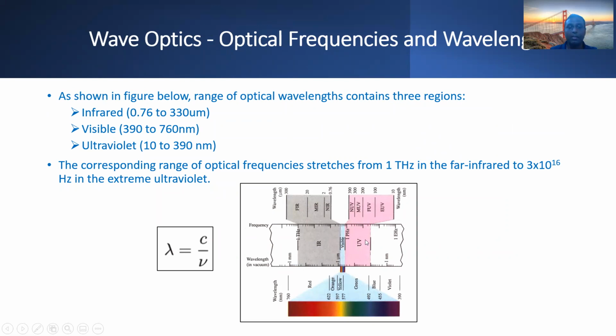And the ultraviolet region, shown in pink here, which ranges from 10 nanometers to 300 nanometers. The corresponding range of optical frequency stretches from 1 terahertz in the far infrared to 3 times 10 to the power 16 hertz in the extreme ultraviolet.